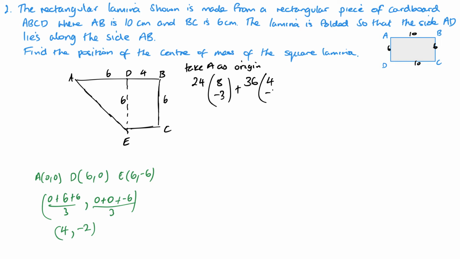So here we have 4 and negative 2. And then my total area should be 60. 10 by 6. Check it, 36 plus 24 is 60. And of course, X bar and Y bar. Once I've done that initial setup, the rest of the question is very straightforward.